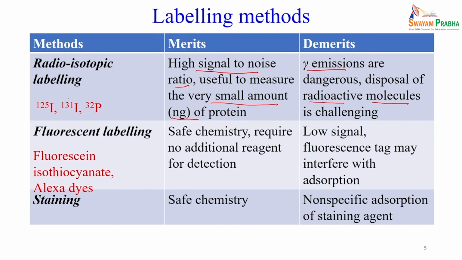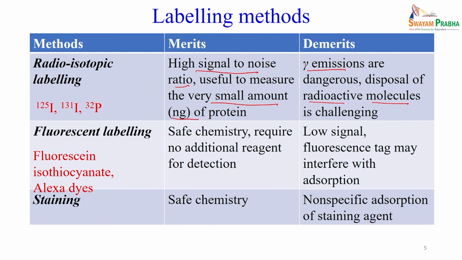So, for radioisotope we can have I-125, I-131 or P-32. So, these are the compounds we can particularly attach to an amino acid, and depending on the concentration of the particular amino acid or particular protein, we will have the varying intensity of these radioisotopes. So, depending on intensity we can analyze what is the adsorbed protein.